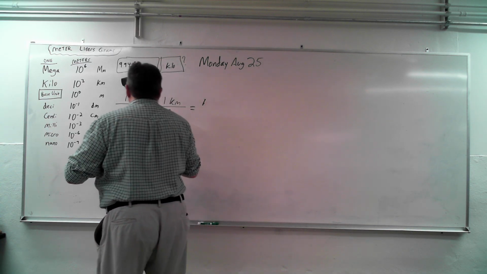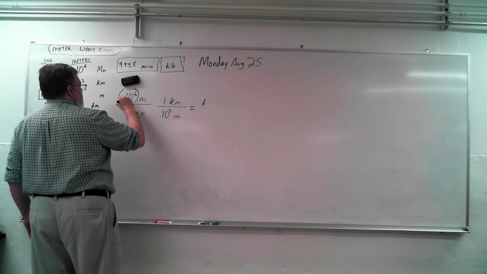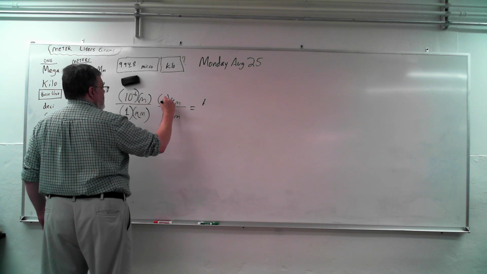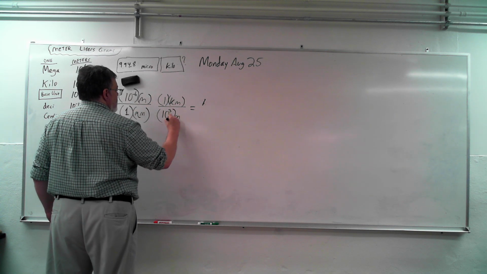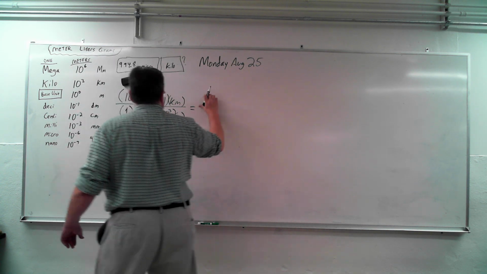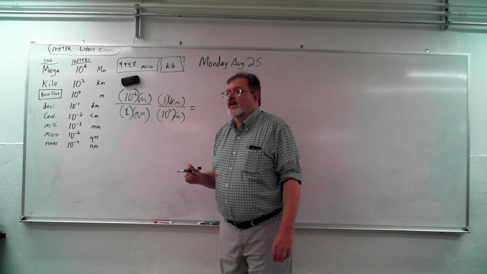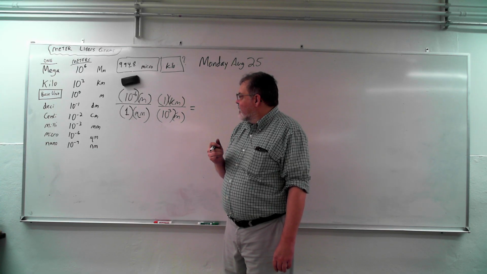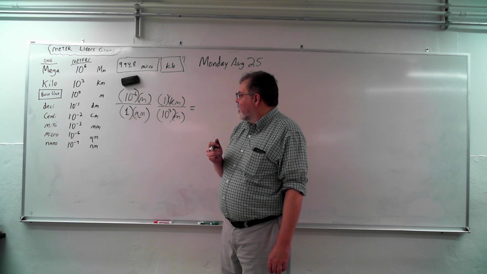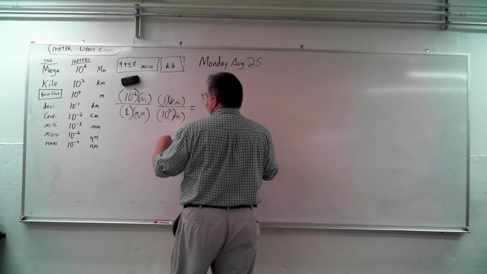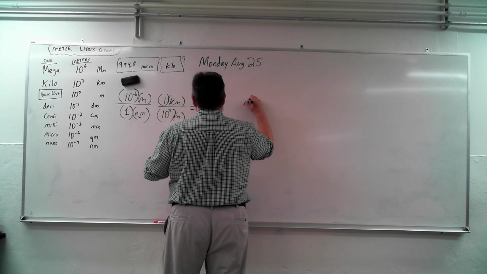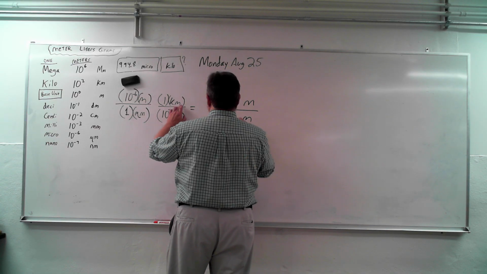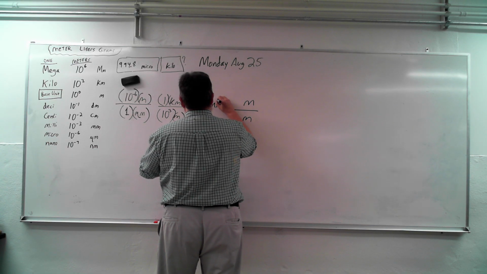Again? This is the way I was doing it before. I haven't shown you the trick yet. I want the meters over each other. I'm going to put the meters together on the right. So that is over here, km over here.